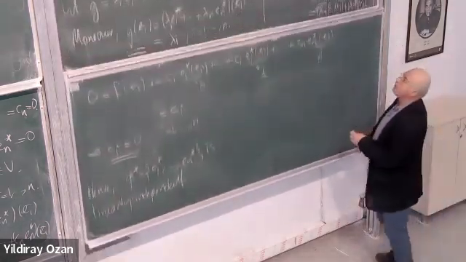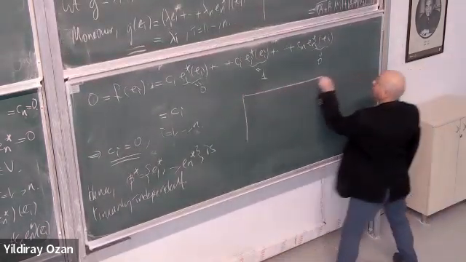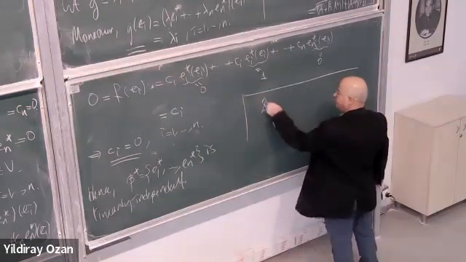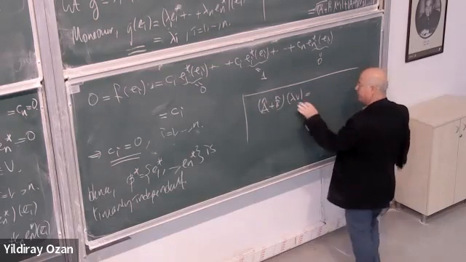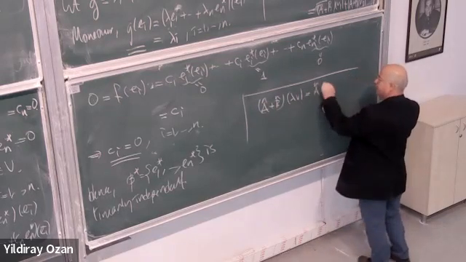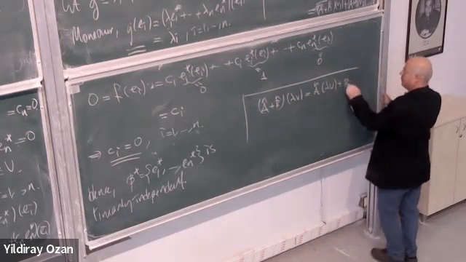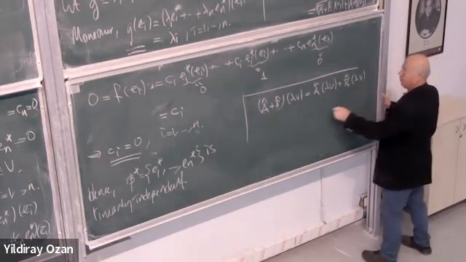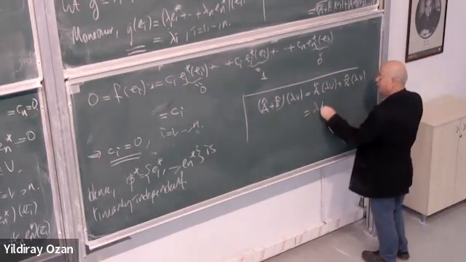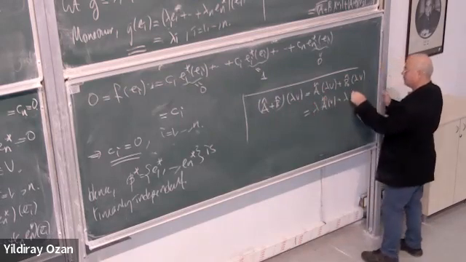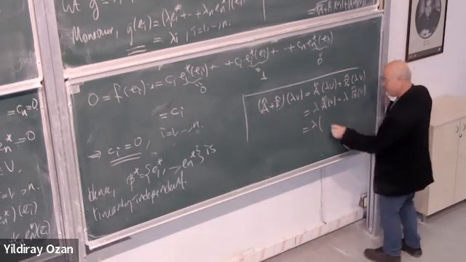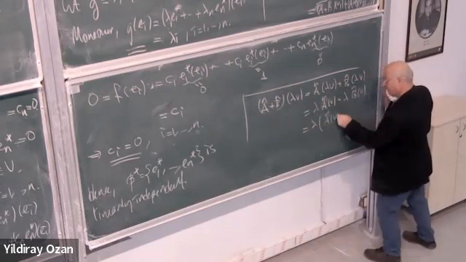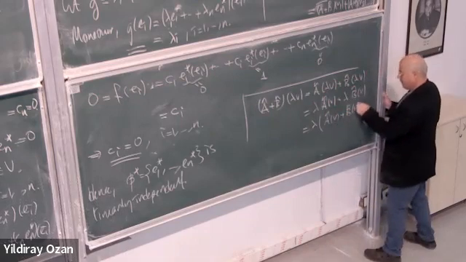And then of course one has to prove also the following. A hat plus B hat of lambda times v. What is this? This is A hat of lambda v plus B hat of lambda v. And this is just lambda times A hat of v plus lambda times B hat of v.